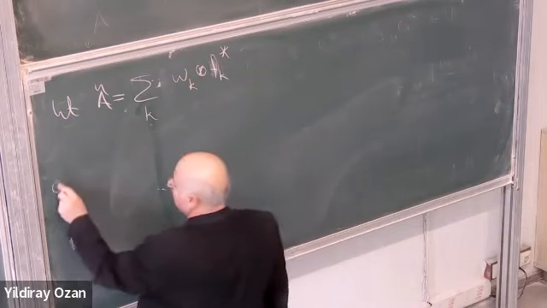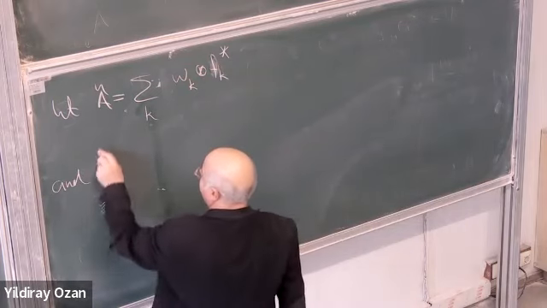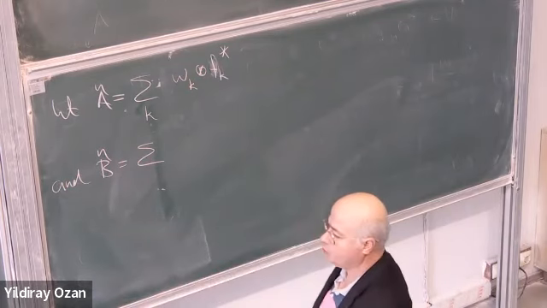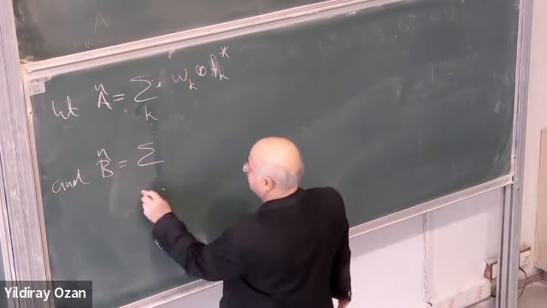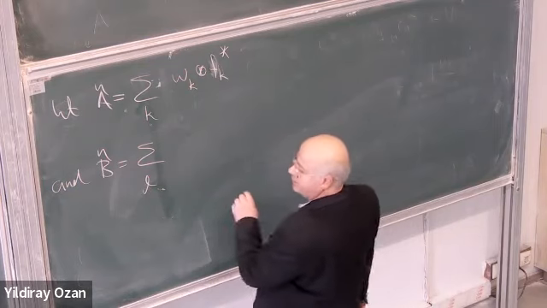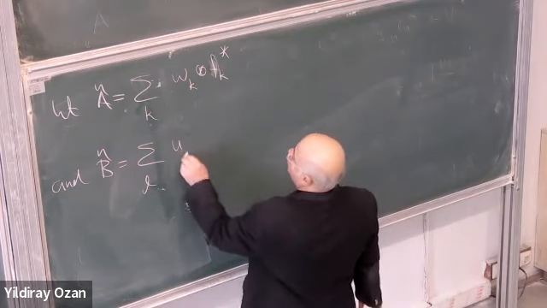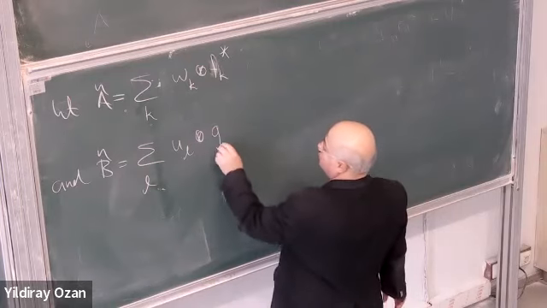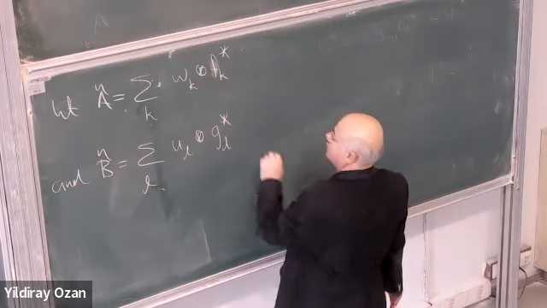And B hat is a map from W to U, so it's another summation over L. Let's say U L tensor G L star.